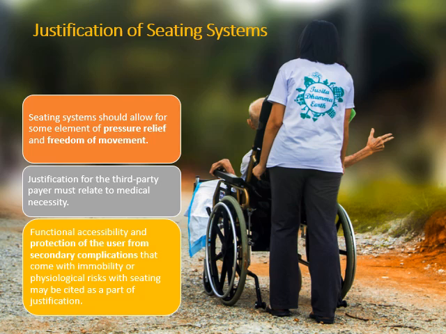It has to relate to medical necessity. So if the client is at risk for developing pressure areas and pressure sores because they lack sensation or they lack the ability to move, you're going to use that knowledge to justify why they need the seating system. We want to make sure that we're protecting the user from any secondary complications that can come from being immobile.